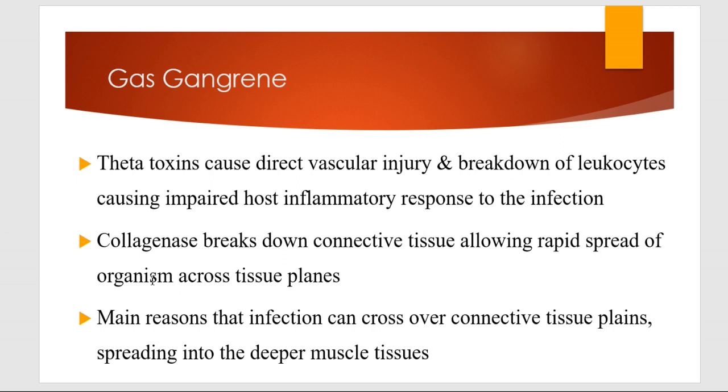And collagenase breaks down the connective tissue and helps in the rapid spread of the organism across the tissue planes, and that is why in patients of gas gangrene there is fast spread of infection in the subcutaneous plane and the various fascial planes, and in this manner it can also involve the deeper layers including the muscles. These are the main reasons that it can easily cross over the connective tissue planes, right?